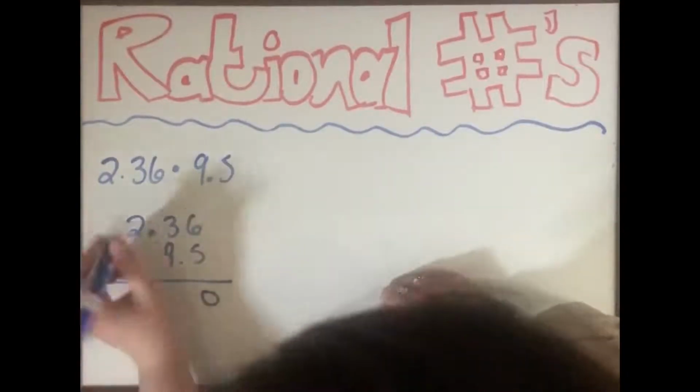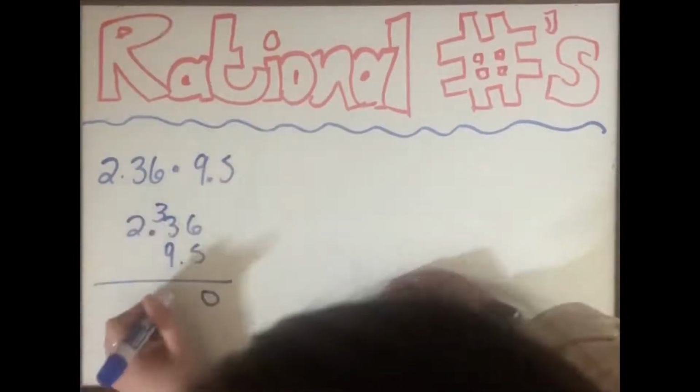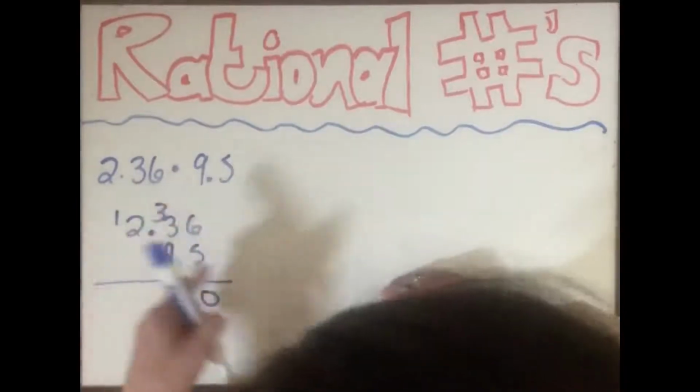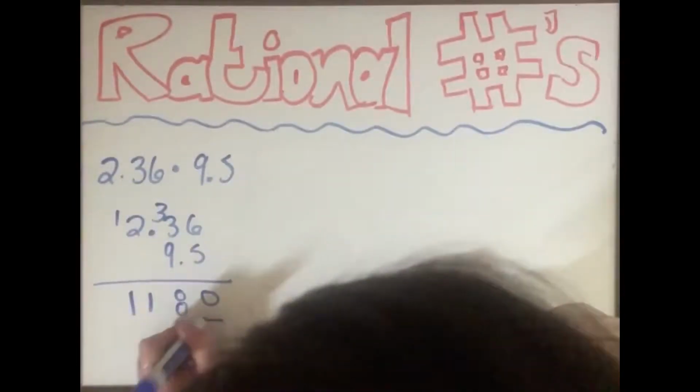6 times 5 is 30. 3 times 5 is 15 plus 3 is 18. 2 times 5 is 10, 11.